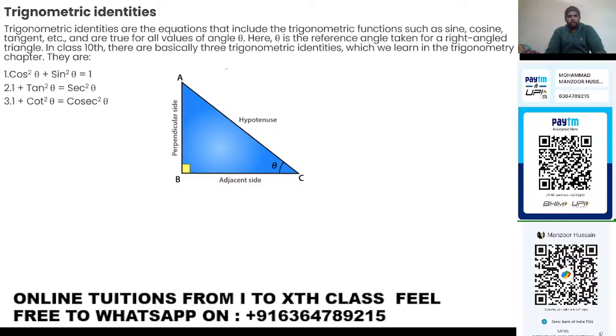In this concept, we can say theta is going to be the angle of reference, where the angle of reference theta is taken in cot square theta or cot theta, which is also going to be true for all the values of theta.